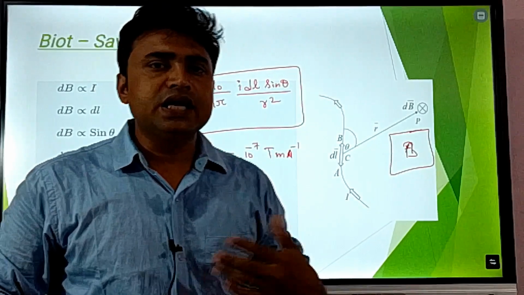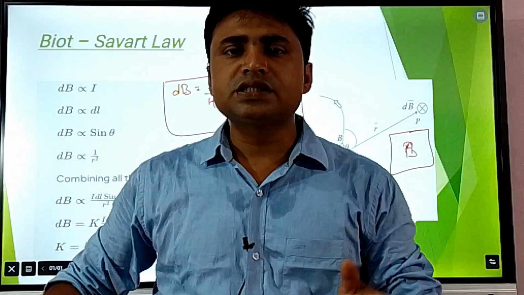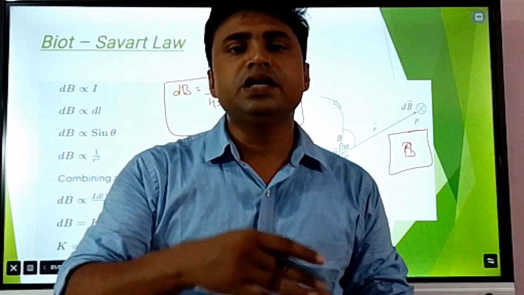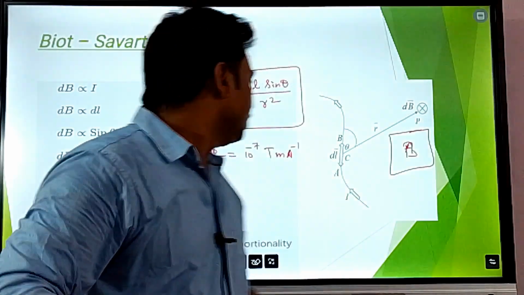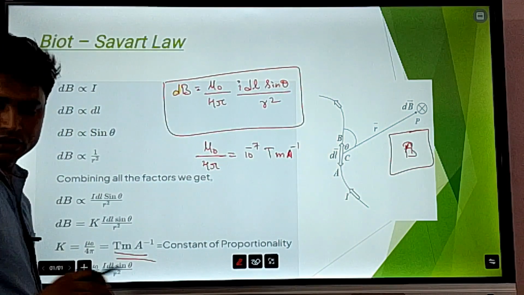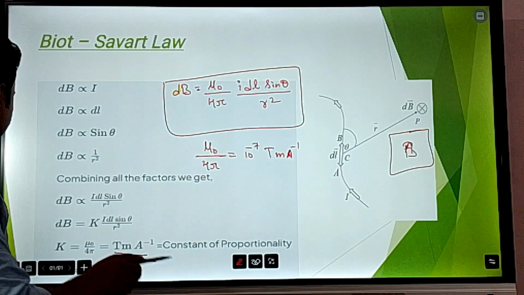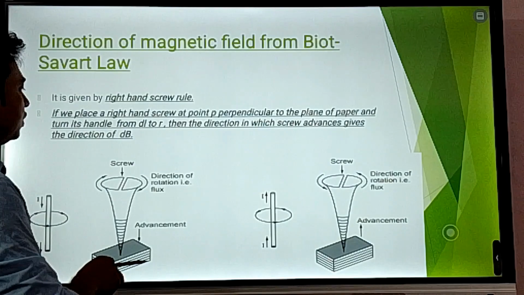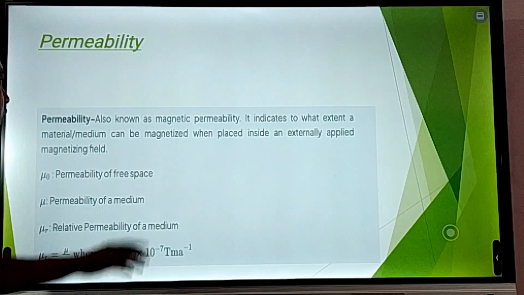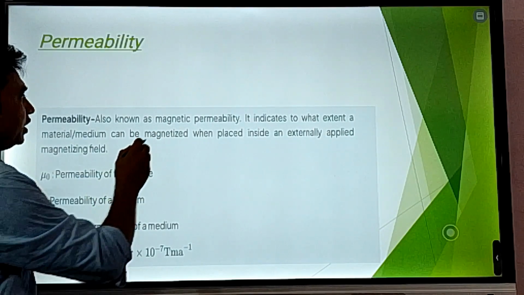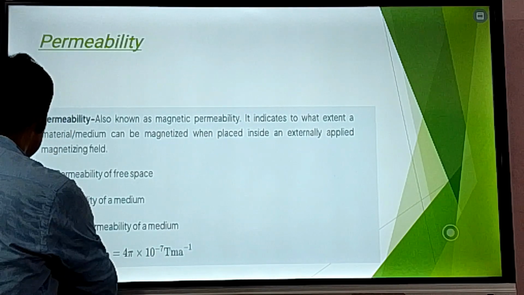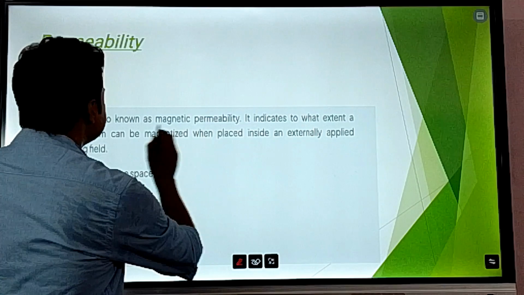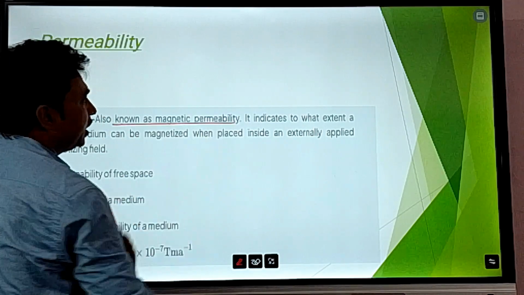So permeability tells us to what extent the medium is magnetized when it is kept near the magnetic field. This is also known as the magnetic permeability.